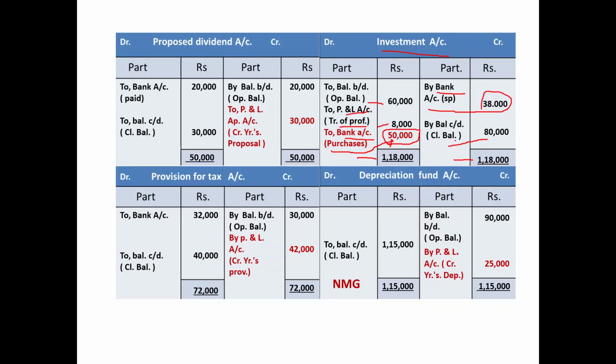Account is over. Cash flow impact. On the credit side, title came bank. Sales of investment indicates cash inflow under title B, sale of investment. On the debit side also, title came bank. Purchases indicates cash outflow under same title B, investing activities minus. On the debit side, title came profit and loss. The company has credited this in profit and loss.